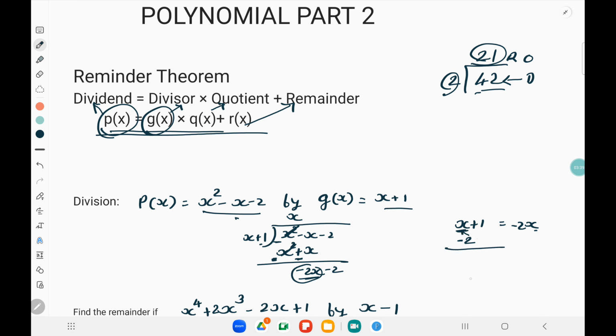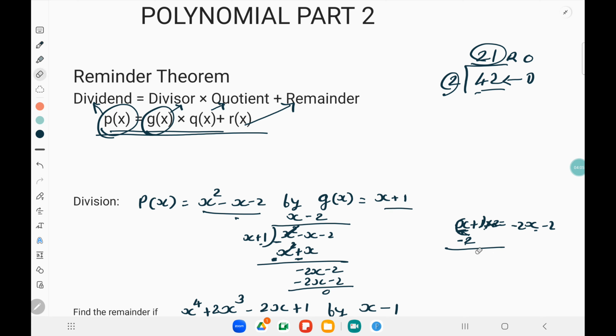So x times minus 2 is minus 2x, and minus 2 times 1 is minus 2. So if we multiply by minus 2, then we get minus 2x minus 2, and that gives us 0, and here we multiply by minus 2. So this is the minus 2.